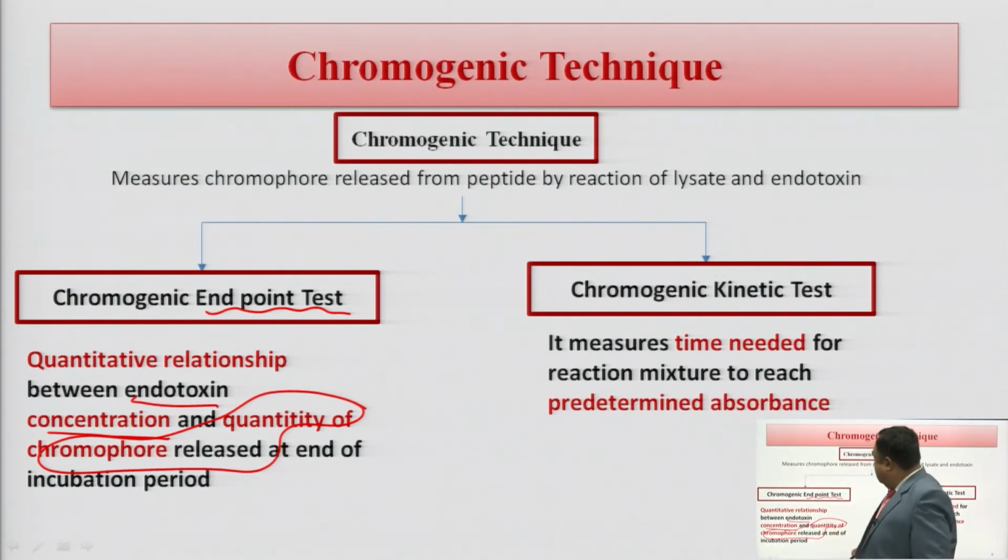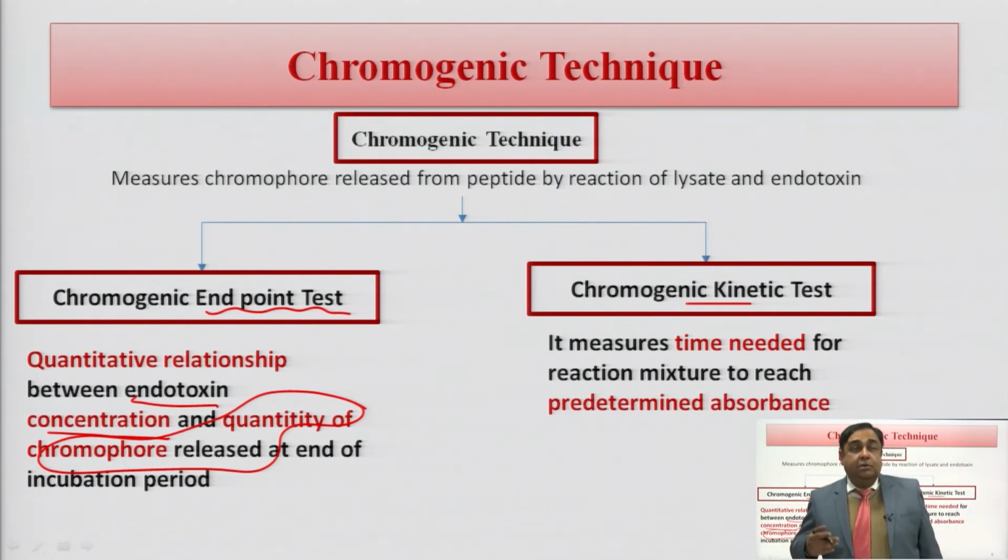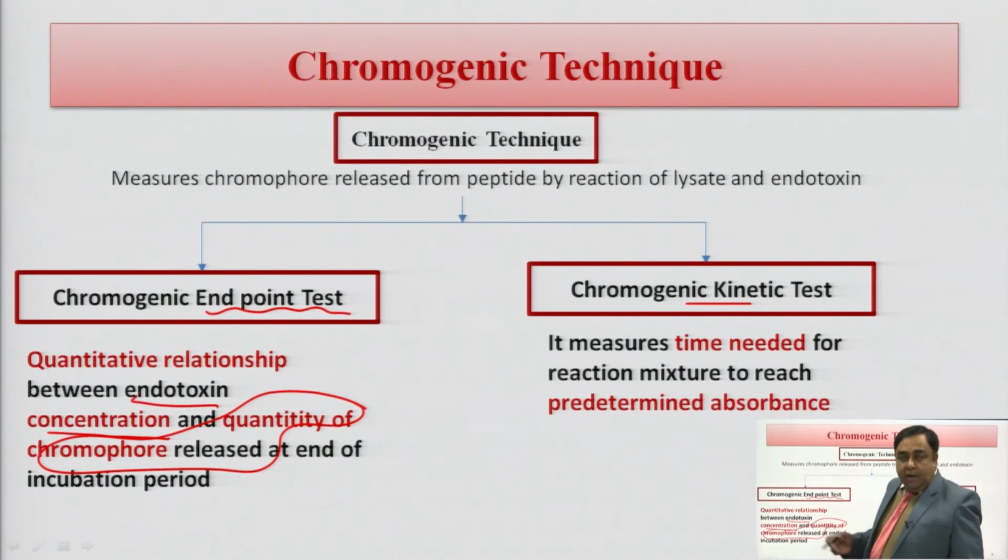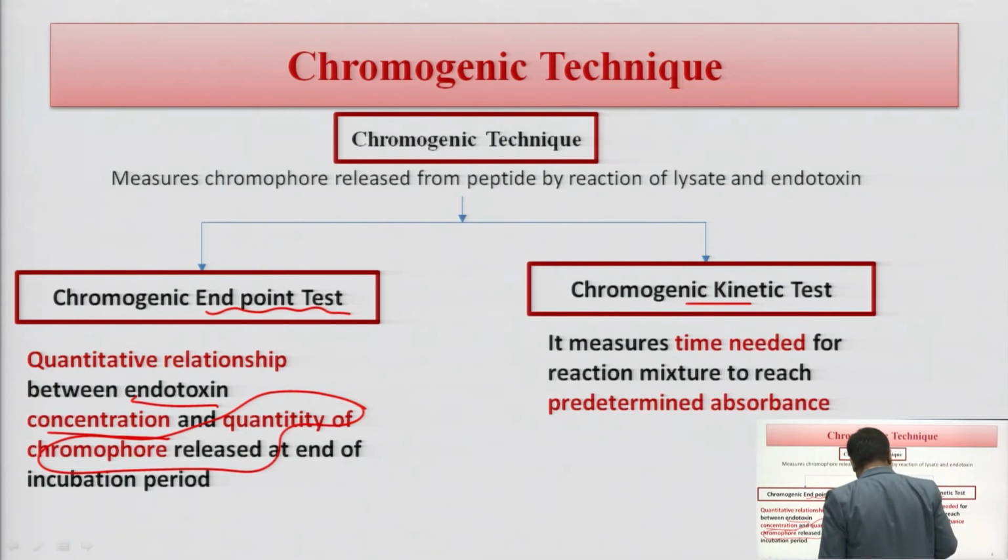The next method is what we are calling the chromogenic kinetic test. Kinetic means movement. Here in this chromogenic kinetic test, we have to measure the time needed for the reaction mixture to reach the particular predetermined value of absorbance.